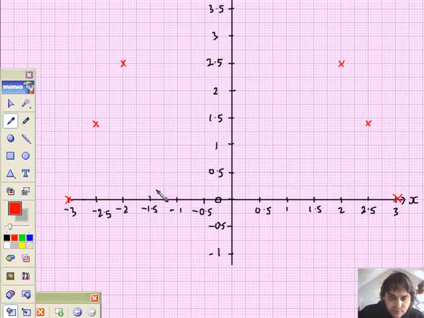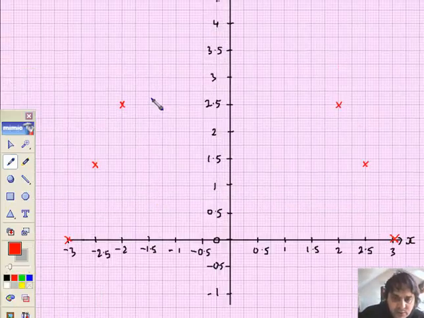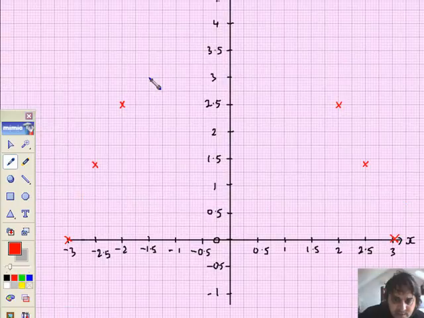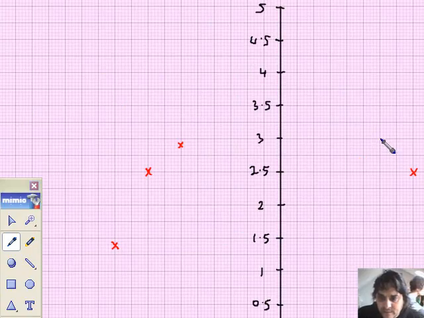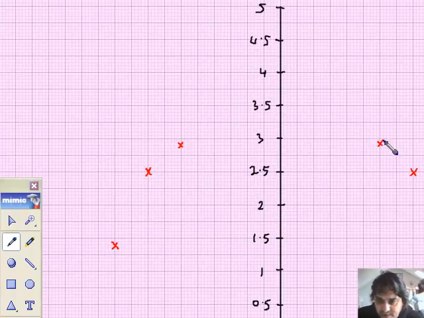Lovely. Well, that's 3. 2.8 is going to be 2.5, 2.75, 2.8, 2.875. I'll call that 2.9. So that's 2 squares down from the 3. That's there. And what about you? I'll call that 2.9. So it's going to be there for you as well.